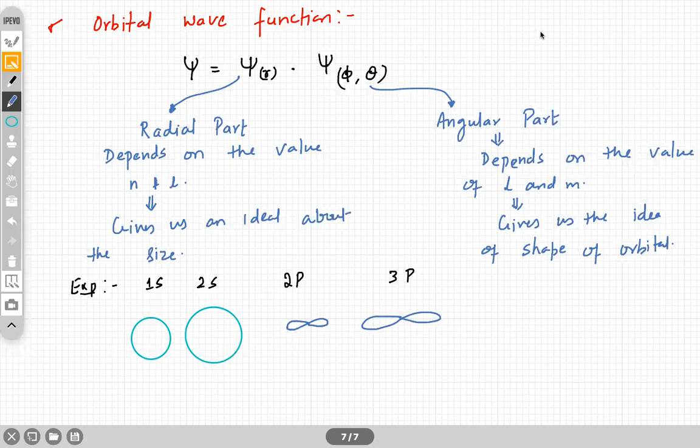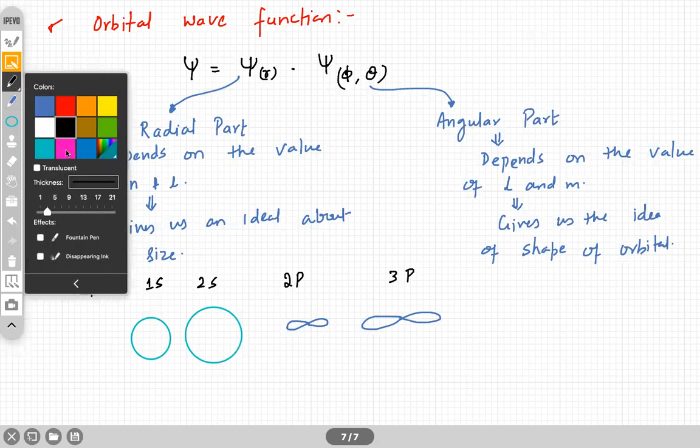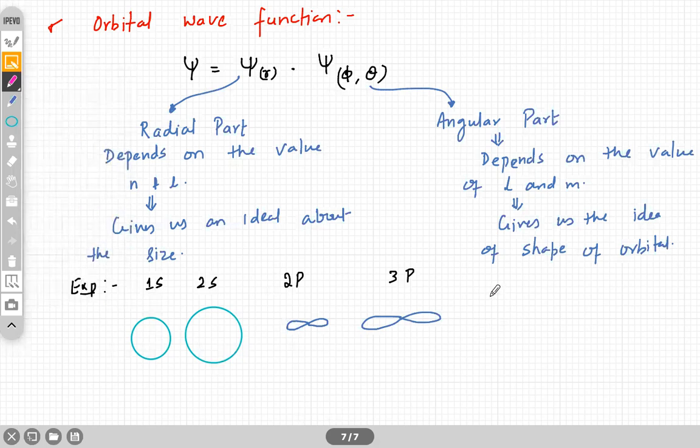Now you'll get this question in the exam. They'll give you the notation like psi, and here they'll write some number, suppose 4, 2, 0, and they'll ask which orbital is this.